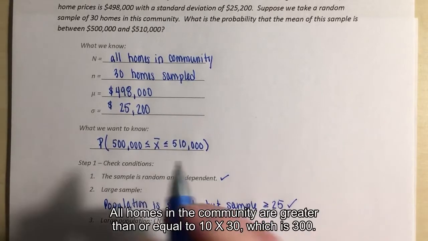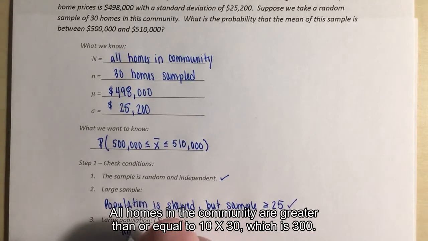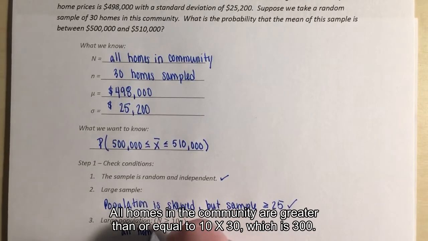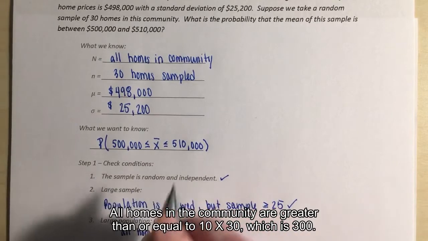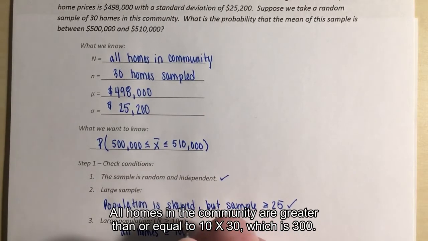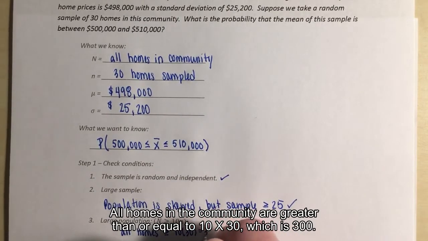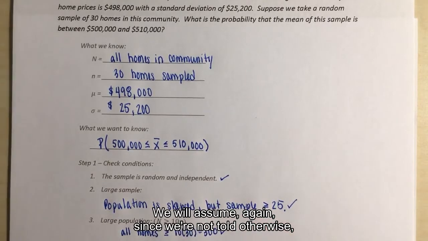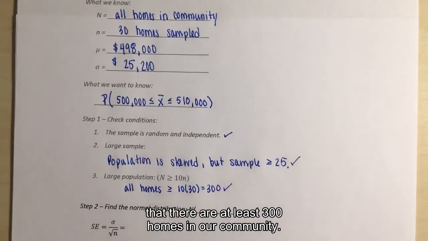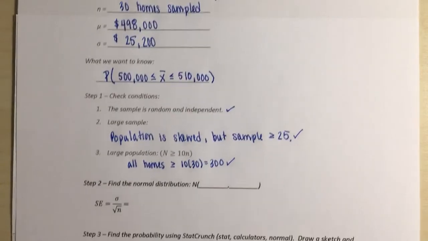All homes in the community is greater than or equal to 10 times 30, which is 300. We will assume, again, since we're not told otherwise, that there are at least 300 homes in our community.